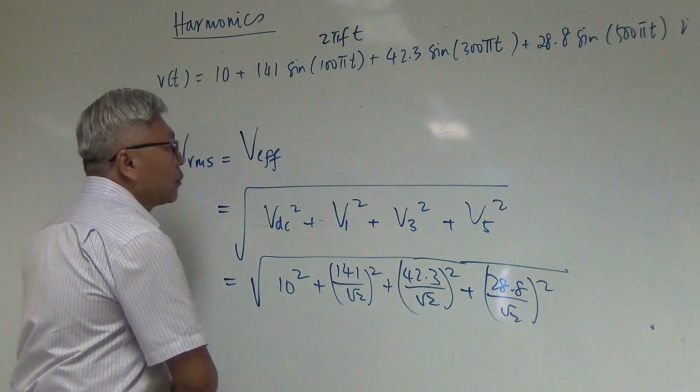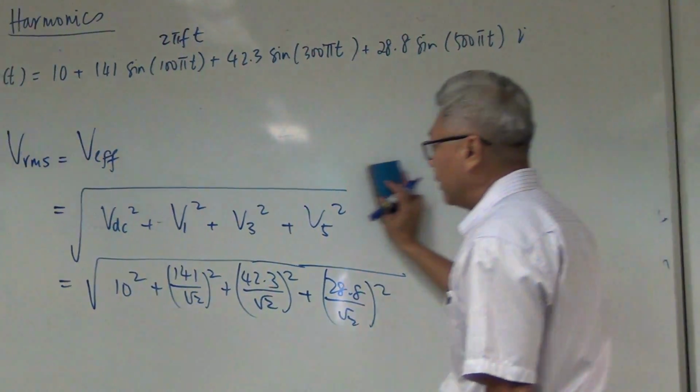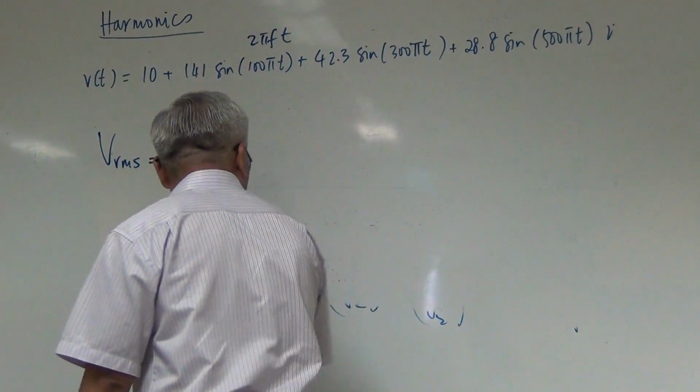So if I have another current signal, this is VRMS now, so we have found it already.